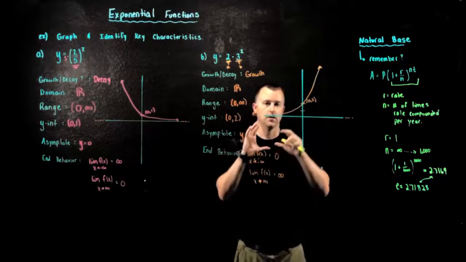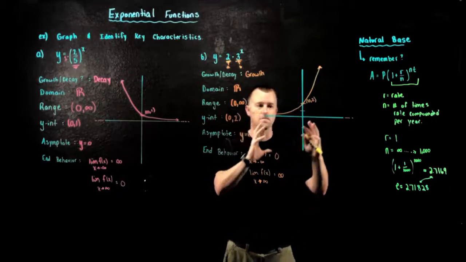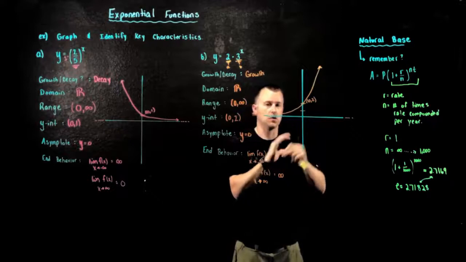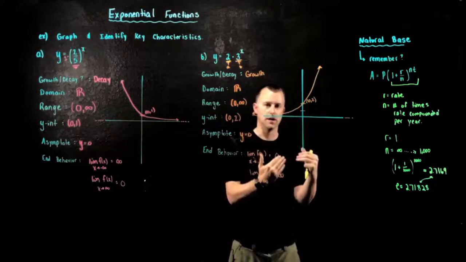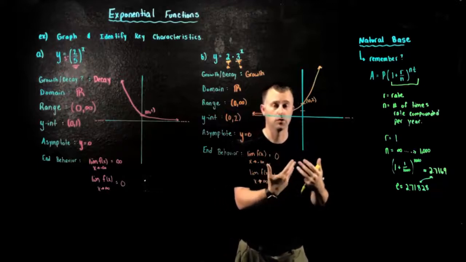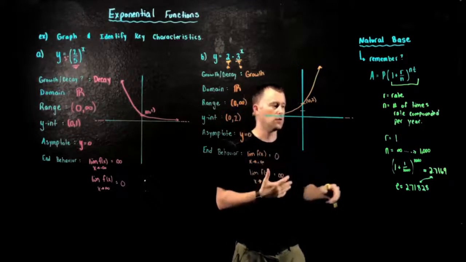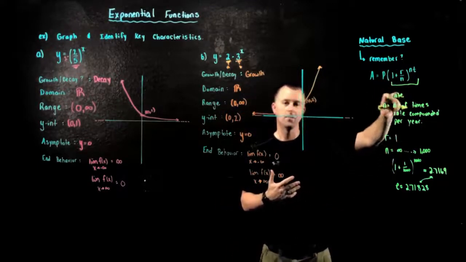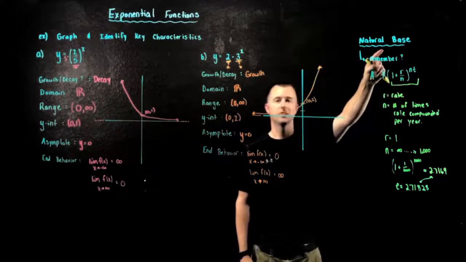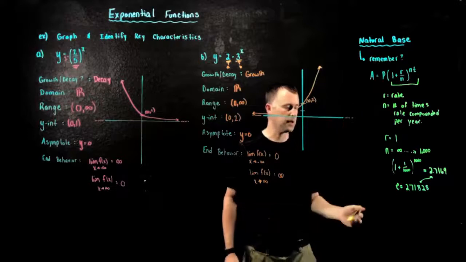It's not like the radioactive matter goes from 100 grams to 50 like that. It's always decaying. Anything in nature is always decaying or always growing. It doesn't take breaks. So if you think about it as compounding interest, it's continuously compounding.